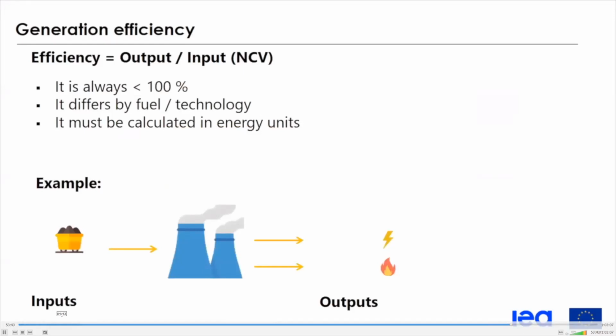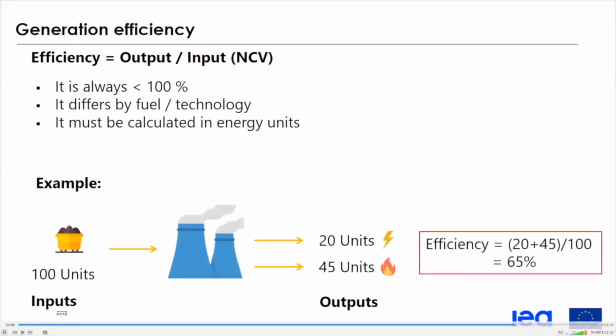The efficiency will differ by fuel or technology. And once again, you must calculate your efficiency in energy units every time you can. So, for example, an input of 100 units into a power plant would have an output of 20 units of electricity plus 45 units of heat. And if you calculate the efficiency, considering it's all in the same unit, you have a 65% efficiency.